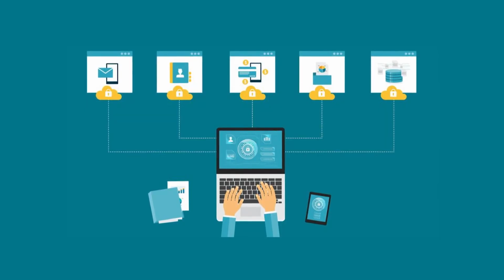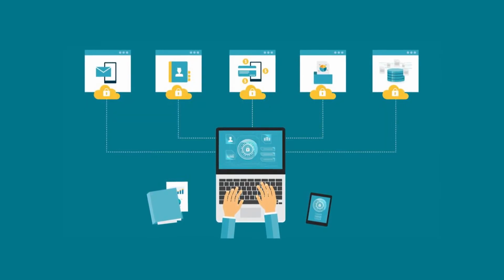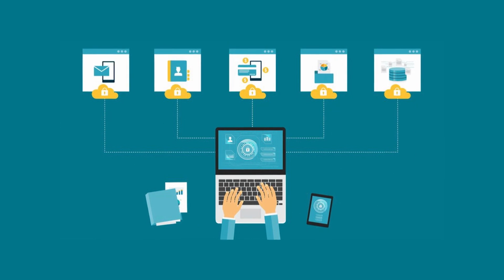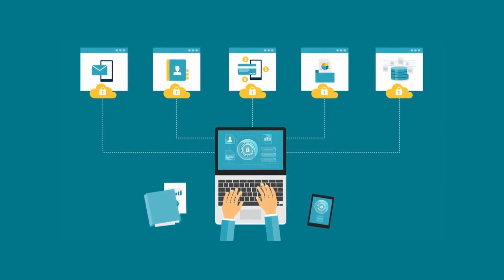A password manager can help you generate and store login credentials for all of your accounts, as well as assist you in automatically logging into them. Password managers use a master password to encrypt your password database, so you don't need to type in your password, email or username every time. All you have to do is save your password in the password manager and then create a master password.